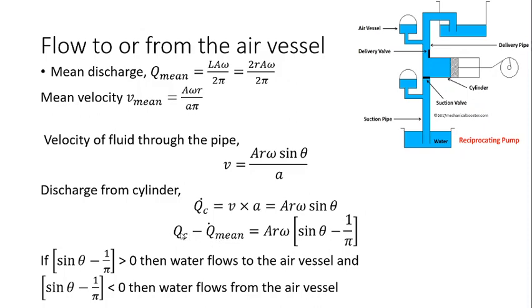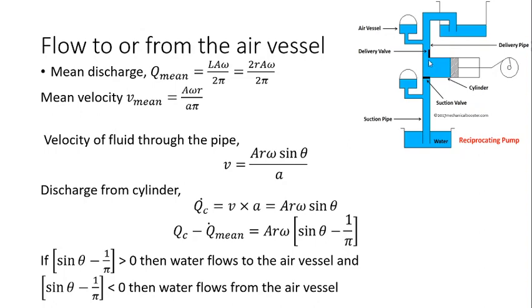The difference in these discharges determines whether the water flows into the vessel or from the vessel. If sin theta minus 1 by pi is greater than 0, then water flows to the air vessel, that is QC is greater than Q mean.